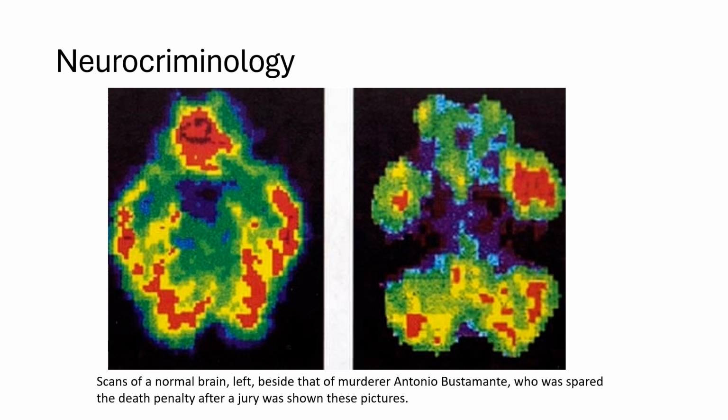So that kind of explains it right there. But at the end, the jury believed that his brain was not normal and they spared him the death penalty. It changed the course of how he was treated as a criminal and the kind of sentence that he received.